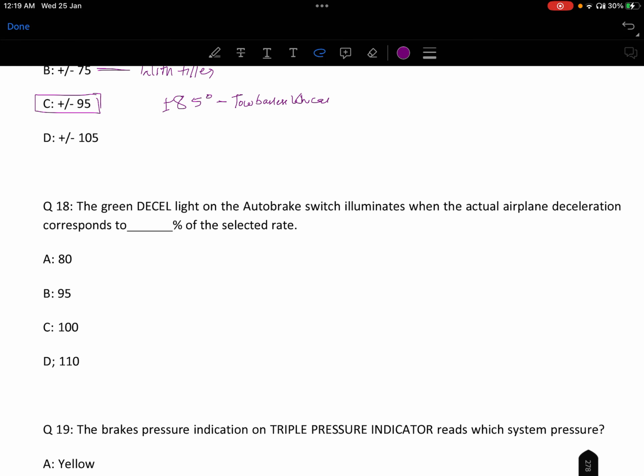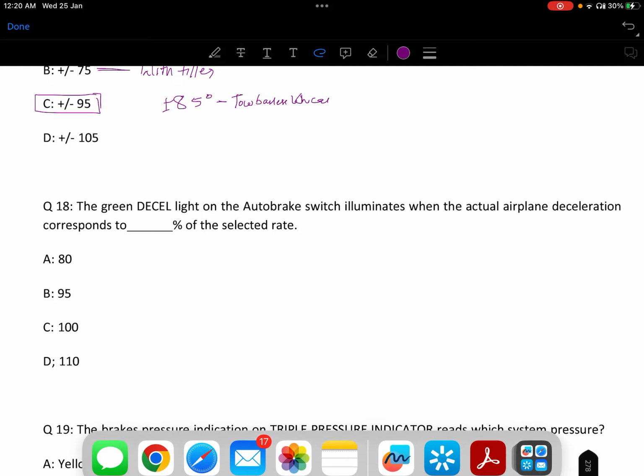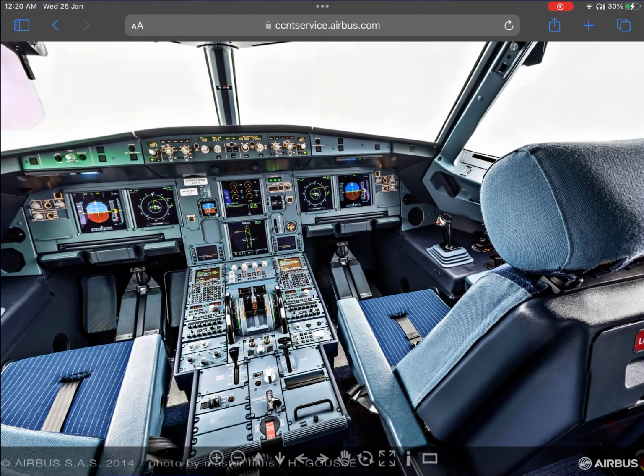The green decel light on the auto brake. These questions are from landing gear. Again, we are doing the hydraulics chapter, but these questions are from landing gear. The green decel light on the auto brake switch illuminates when the actual airplane deceleration corresponds to the... So which decel light are they talking about on the auto brakes?